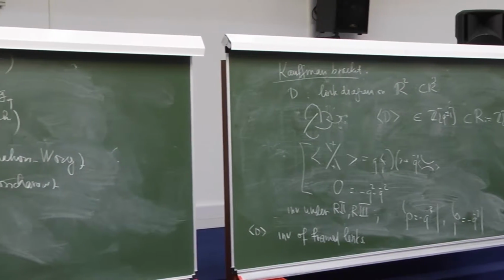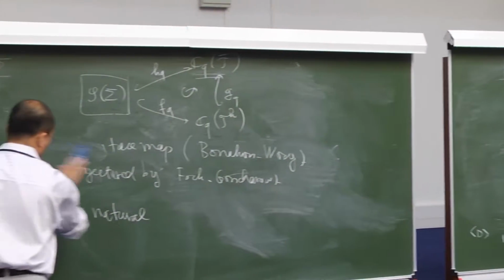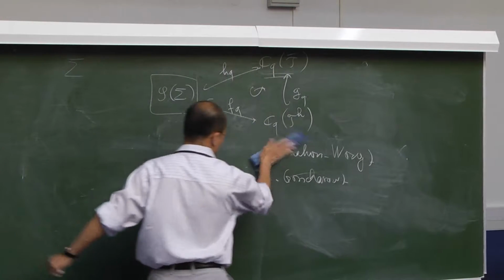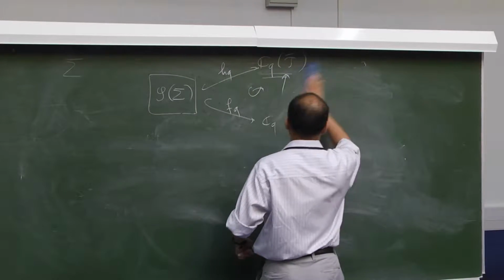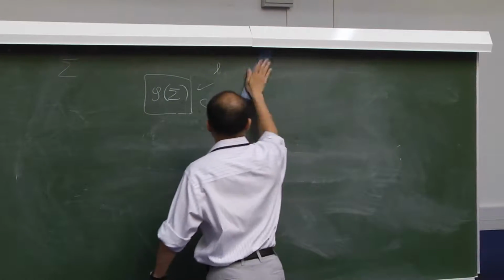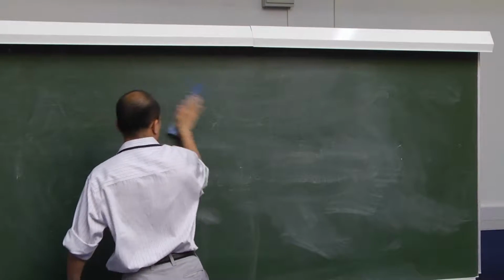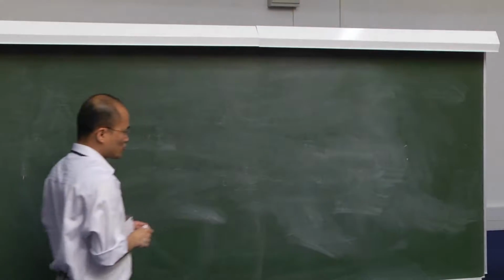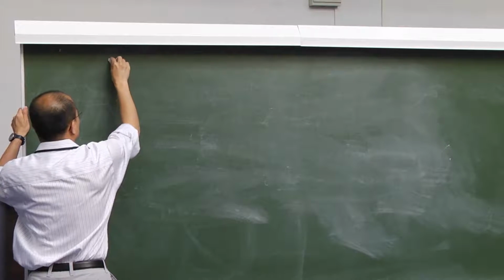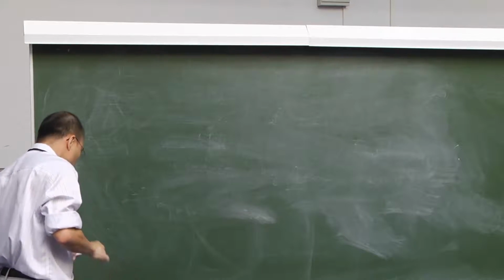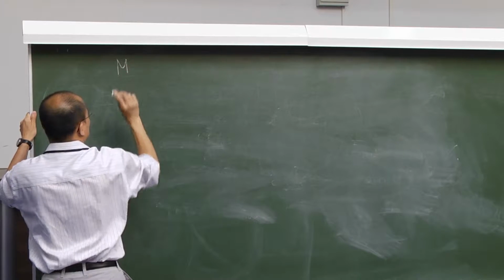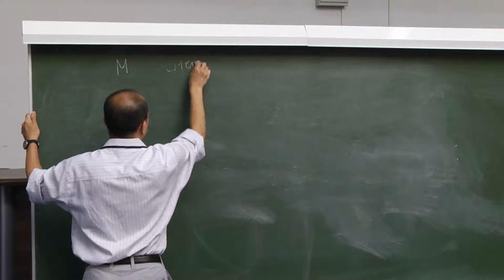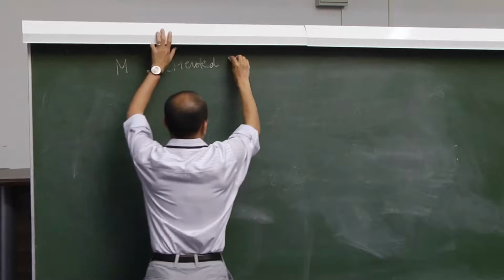And now we will consider framed links in oriented three-manifolds. So the traditional definition is, suppose M is an oriented three-manifold.